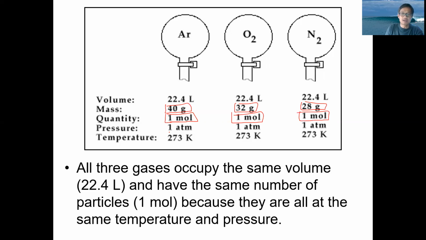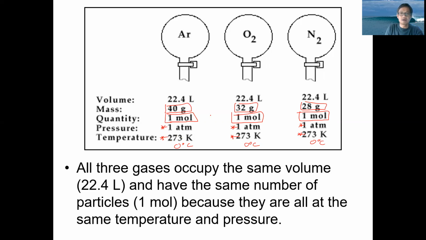We have specified that we are holding the gases at 1 atmosphere pressure, and we're going to keep the temperature at 273 Kelvin. 273 Kelvin, folks, is 0 degrees Celsius. So the temperature and the pressure for all three of these gases are the same.